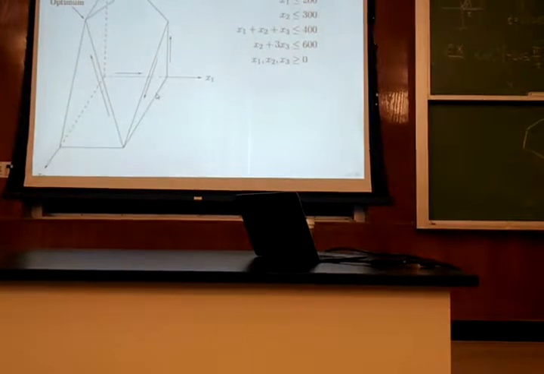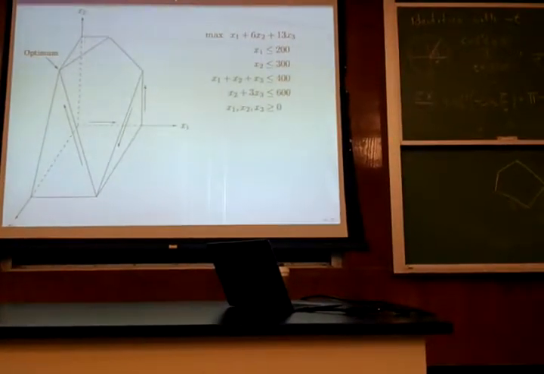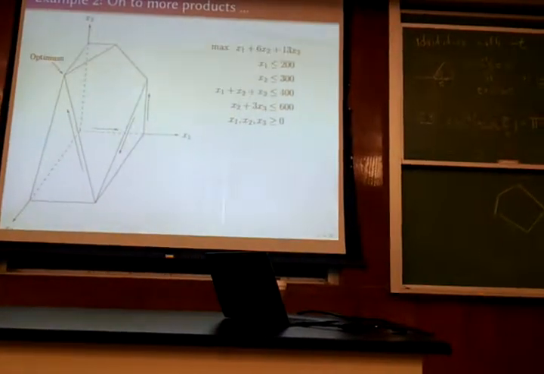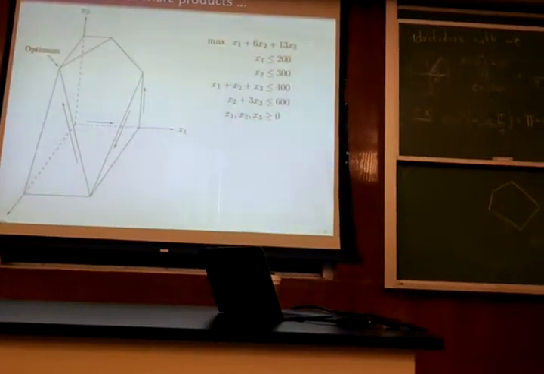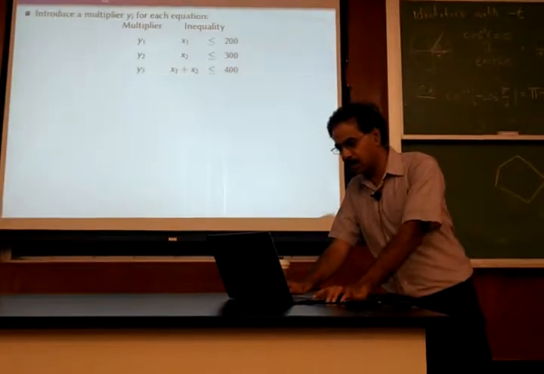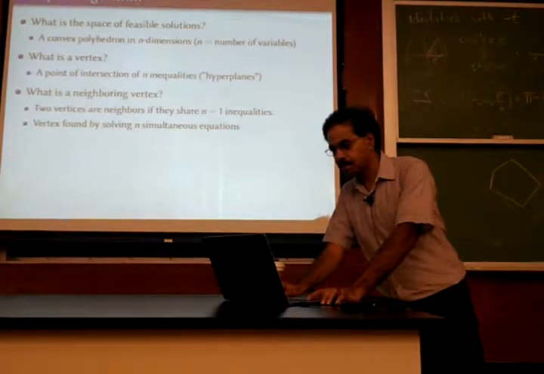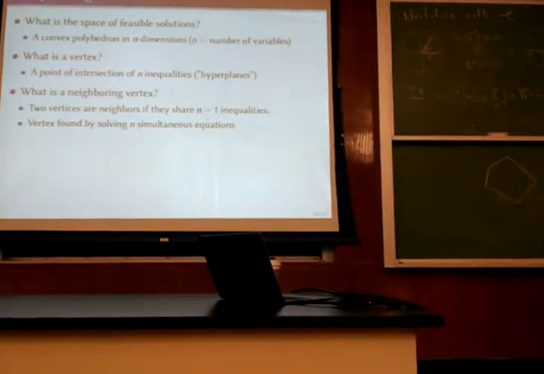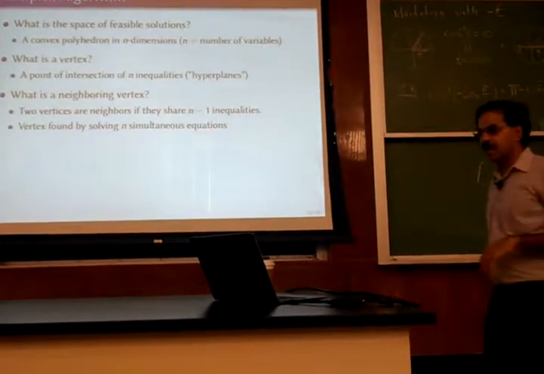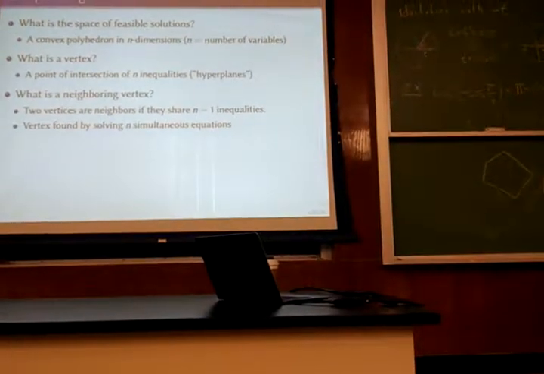So again, n minus 1 here is 2. So I'm sharing 2 of those inequalities to get to the next vertex. So in general, a neighboring vertex would be one which shares n minus 1 inequalities. Okay? So what I need to do is say, I am at this vertex which corresponds to the intersection of n inequalities.